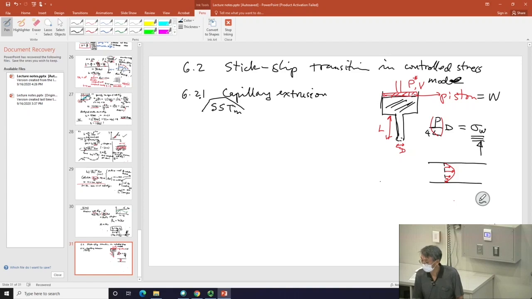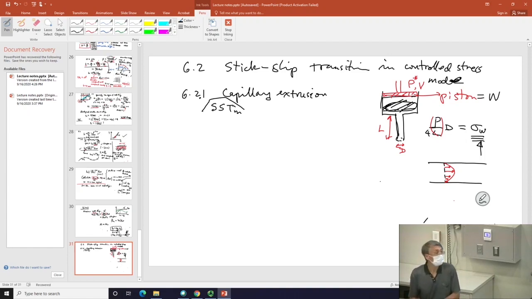Of course, the area will be this area, whatever circular, this reservoir could be a circular cylinder. So you will be able to exert a pressure of enough amount.